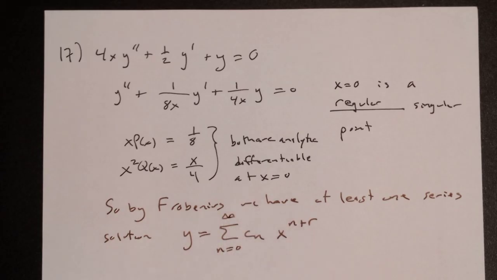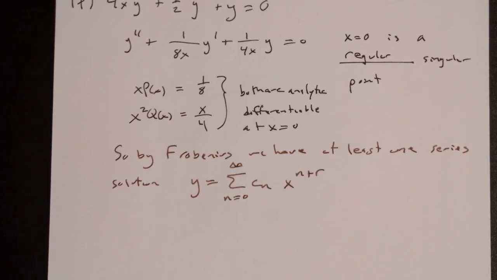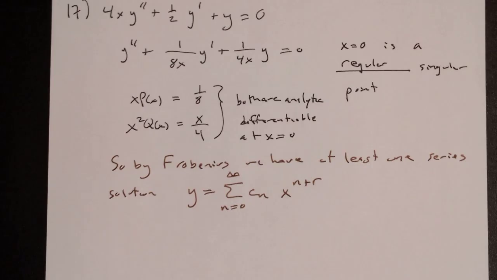The problem is that extra r is in there. According to Frobenius, I need to figure out the value of r before I can figure out the c's. So I got to start by figuring out what's going on here with r.